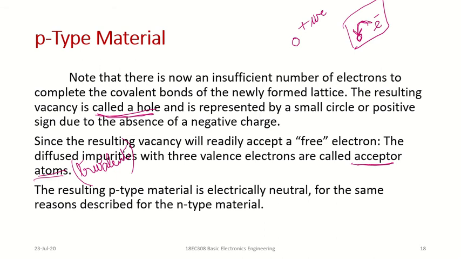Such materials are called p-type. I can say it's a trivalent impurity or acceptor atom. With an acceptor atom or trivalent impurity, I can make the p-type material.